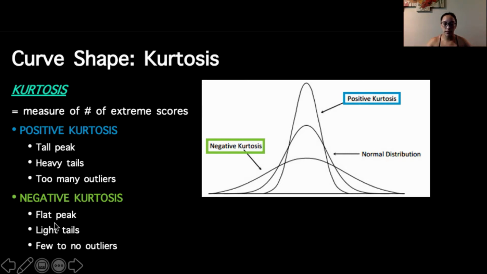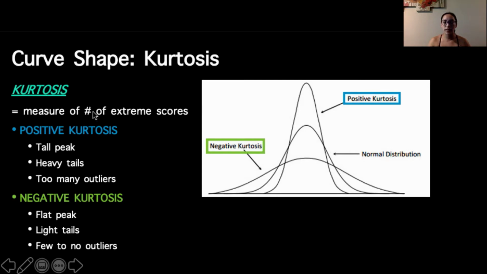And we don't really get that dip back down on either side. It's just kind of like flat. And this is indicative that you have few to no outliers, right? So if every value is occurring relatively at the same frequency, none of those values are really extreme anymore within the range of data that you have.